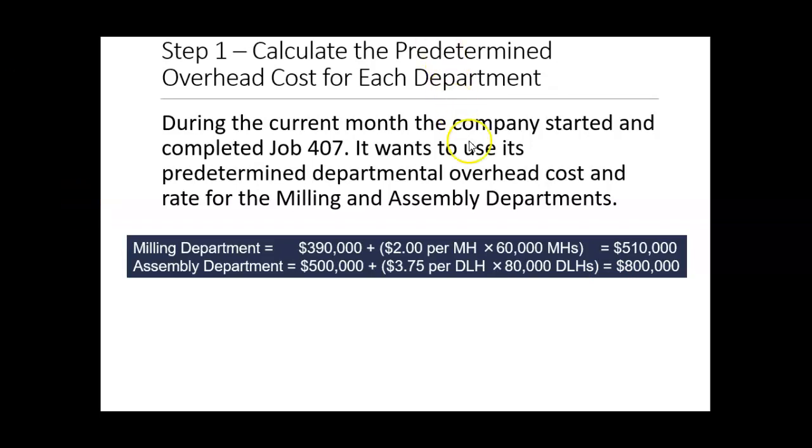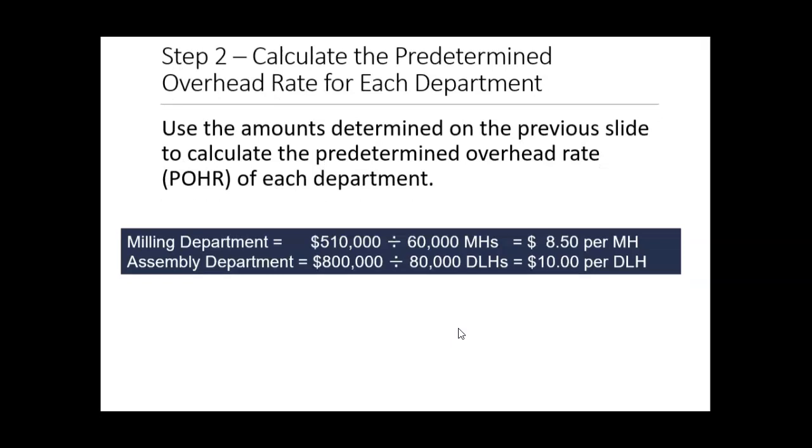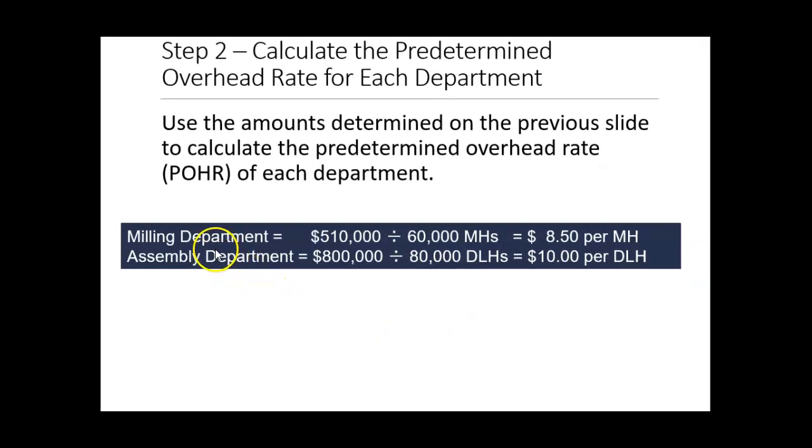Once you have your total estimated manufacturing cost, in the mill department, we'll divide that by the machine hours expected to be used to get an overhead rate of $850 per machine hour. In the assembly department, we're going to assign based upon direct labor hours to get a rate of $10 per direct labor hour.